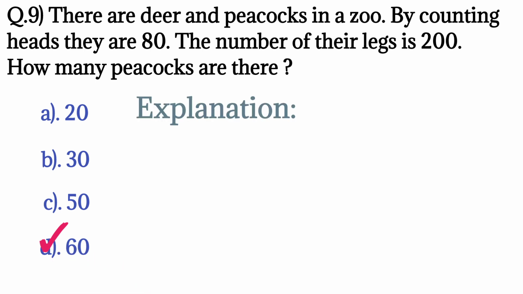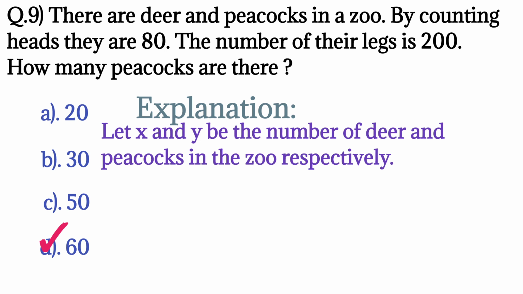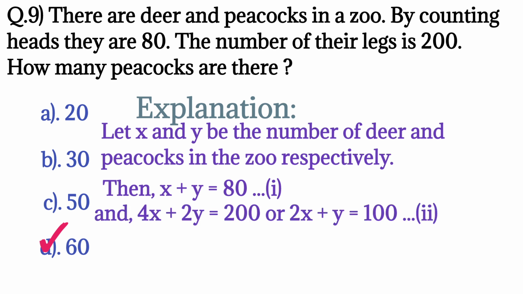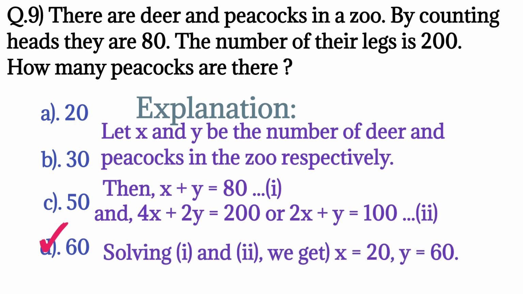Let X and Y be the numbers of deer and peacocks in the zoo, respectively. Then X plus Y is equal to 80. ये बन गया इक्वेशन 1. एंड 4x plus 2y is equal to 200. इससे हम 2 कॉमन लेते हैं तो ये 2x plus y is equal to 100 बन गए. ये हमारे पास इक्वेशन 2 हो गई. इसी तरह ये इक्वेशन 1 और 2 को हम आपस में सॉल्व करेंगे तो x हमारे पास 20 आएगा और y is equal to 60.